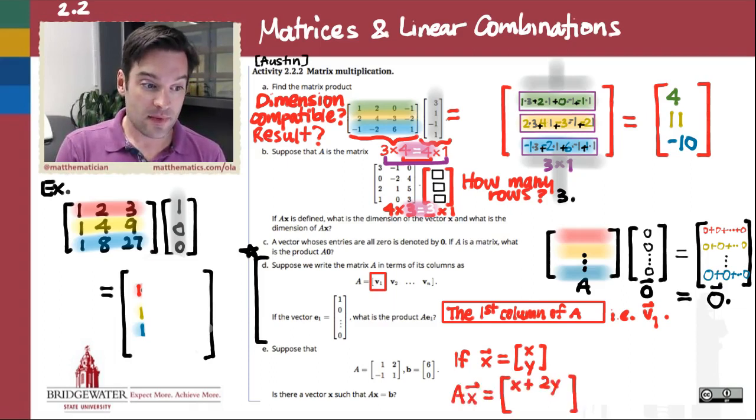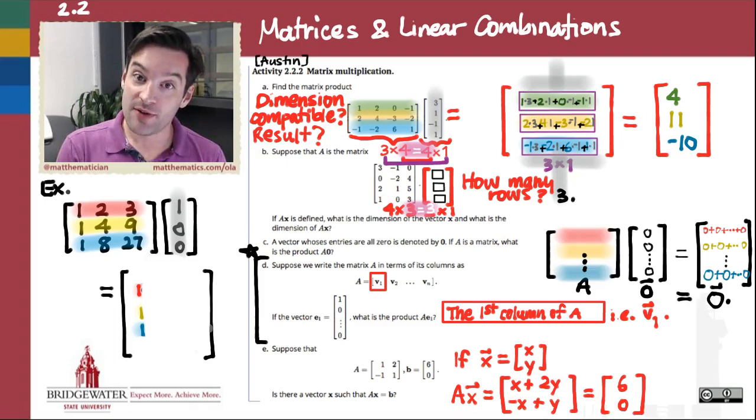They're just going to be x plus 2y and minus x plus y, respectively. And so, if I want to know whether there is a vector x such that Ax is equal to b, what I'm really asking is, are there values of x and y such that x plus 2y is equal to 6, 6 coming from my b, and minus x plus y is equal to 0, again coming from my b.